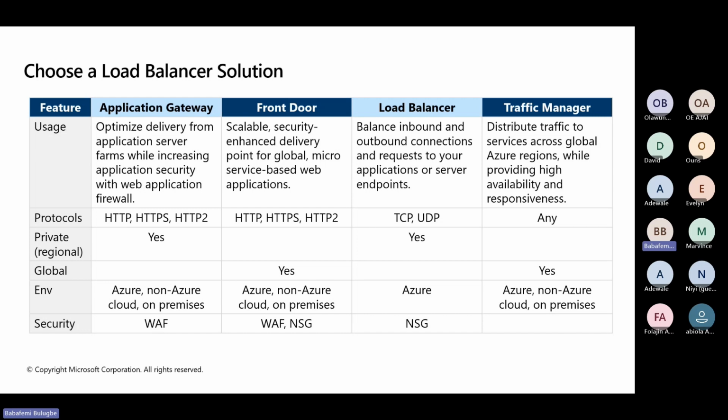We want to cater for that traffic when we have higher traffic than expected, so we need to have our workload scale out. And when we say scale out, we are adding an additional virtual machine or server to help cater for that incoming traffic.